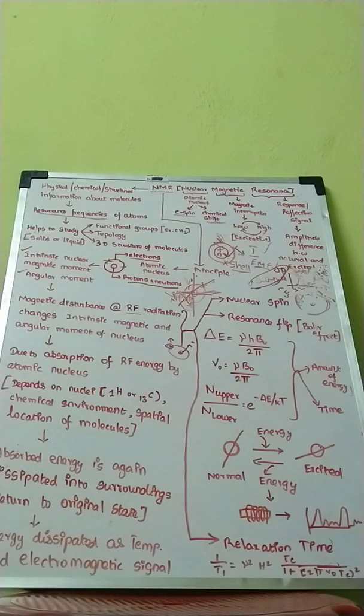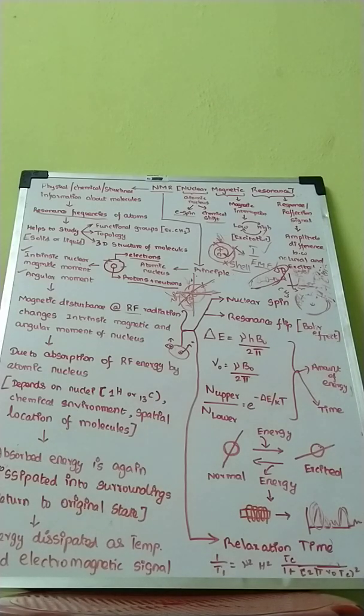Coils are placed in the surrounding environment, which detect the change in the electromagnetic radiation frequency, and these coils convert the change into an electric signal, which in turn produces spectral peaks. For example, if electric potential is too low, it produces a small peak. If electric potential is too high, it produces a huge peak. So depending on the nature of the atom and the nature of energy released from the atom, the peak level also varies.